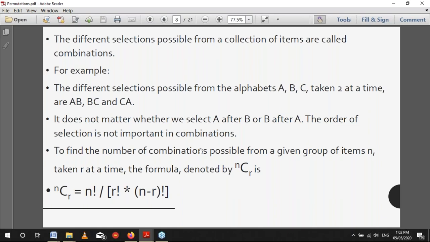So these are the formulas we'll be using. Please don't be confused, and let us also take note of important combination formulas: nCn is 1, nC0 is 1, and nC1 is n.